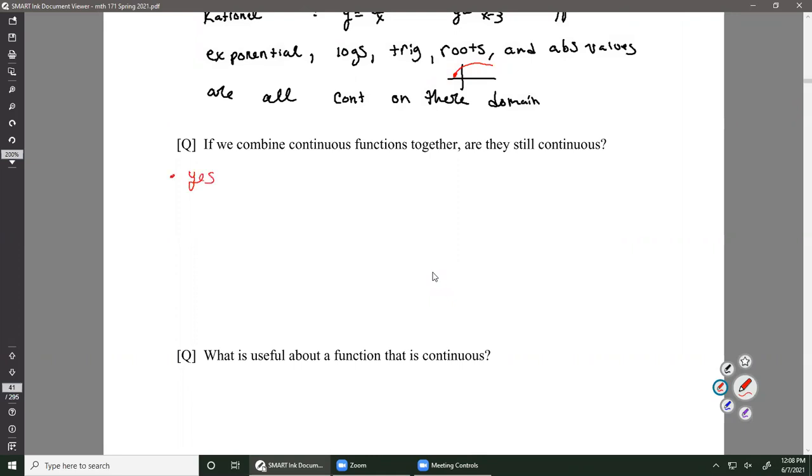Yes, if we combine them using addition, subtraction, multiplication, division, or composition.